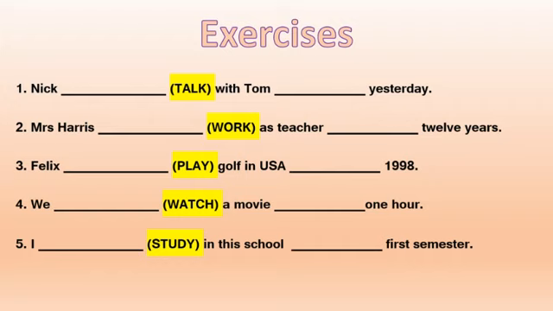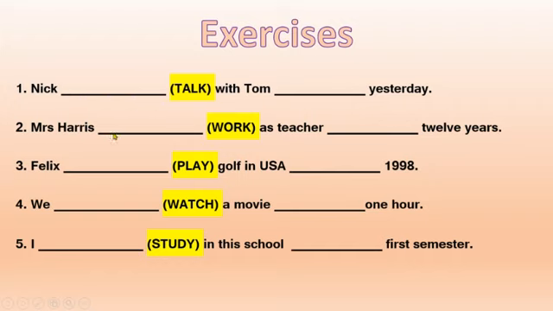Now, we have 5 examples, 5 exercises. What are you gonna do? First, in the first lines, you have to write the present perfect continuous using obviously the verb that is highlighted in yellow: talk, work, play, watch, and study. On this part, you have to write the auxiliary have or has, been, and the verb in ing.